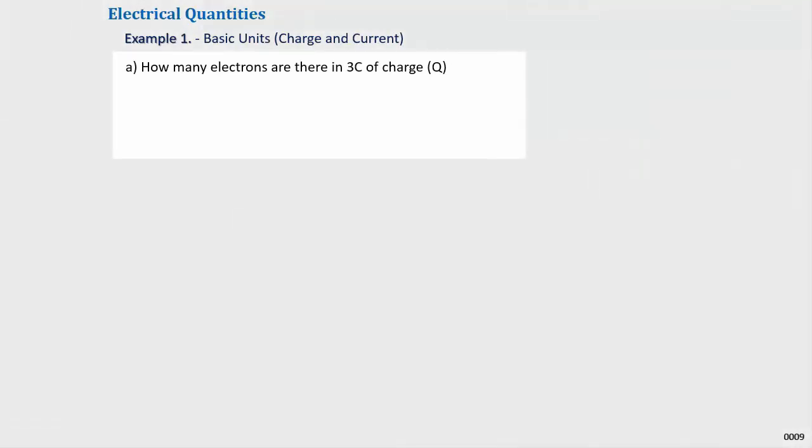The following example is in the accompanying workbook, Basic Units, Charge and Current. Part A is to find the number of electrons in 3 coulombs of charge. We know that 1 coulomb of charge is equal to 6.25 times 10 to the power 18 electrons.